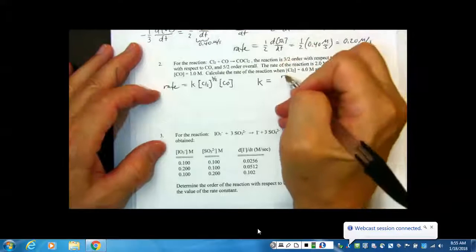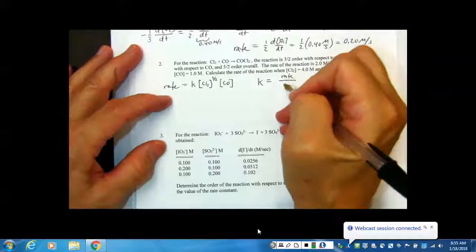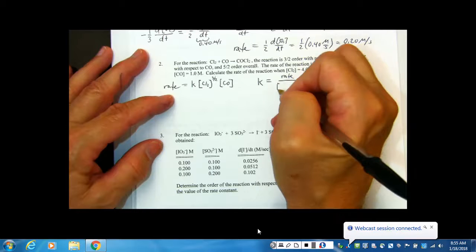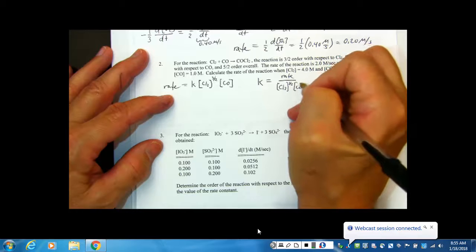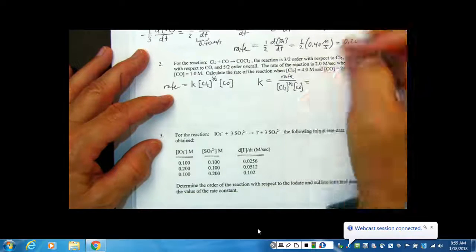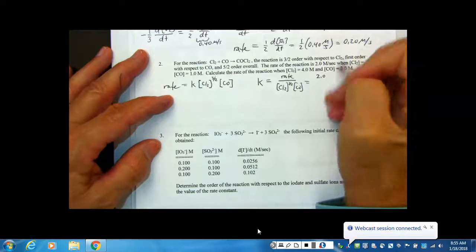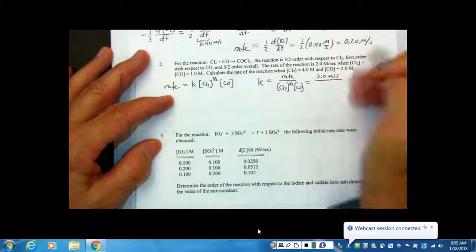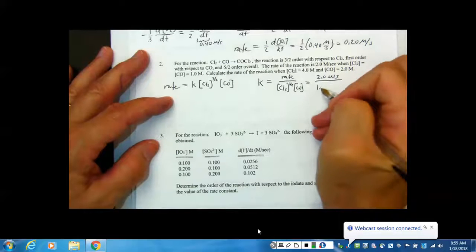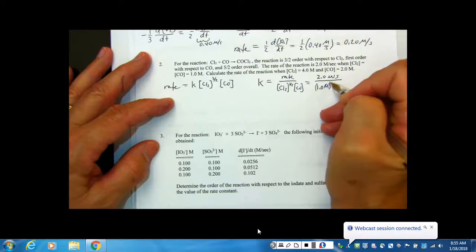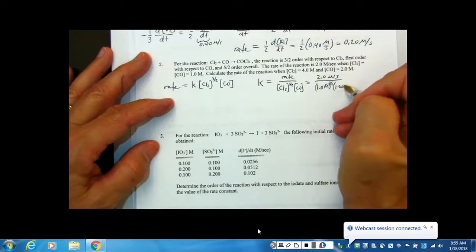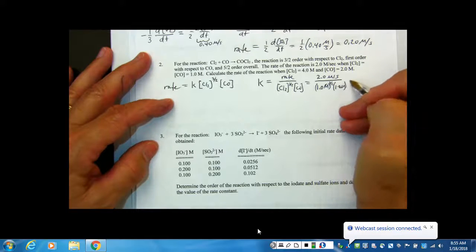So K is equal to the rate divided by chlorine to the 3/2, carbon monoxide to the 1 power. So that's 2 moles per liter per second divided by 1 mole per liter to the 3/2 and 1 mole per liter to the first power.